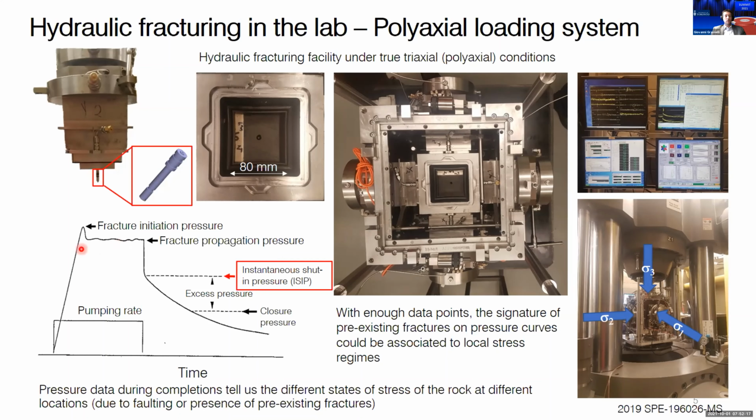In doing that, we can start identifying the fracture initiation and the fracture propagation pressure, and once we stop injecting, we can see how the rock will respond, what the shut-in pressure is, and of course reproduce the excess pressure and the closure pressure that that particular sample would experience.